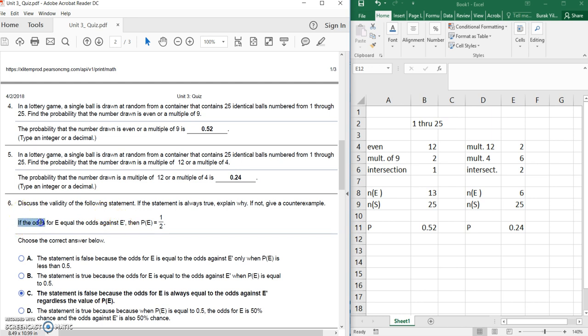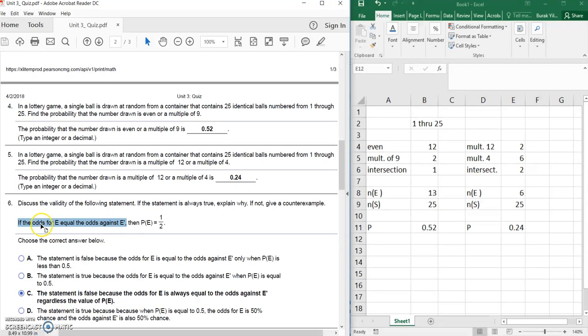So if the odds in favor of E equal the odds against the complement of E, this is actually always true regardless of the probability, because the odds for an event are always the same as the odds against the opposite of that event.